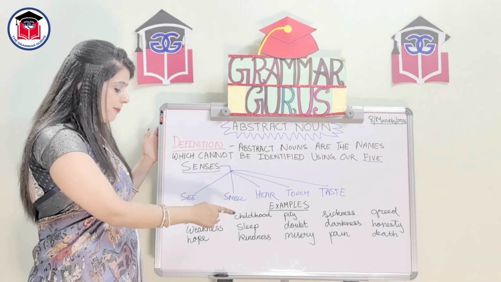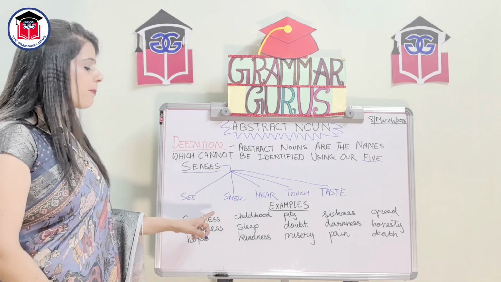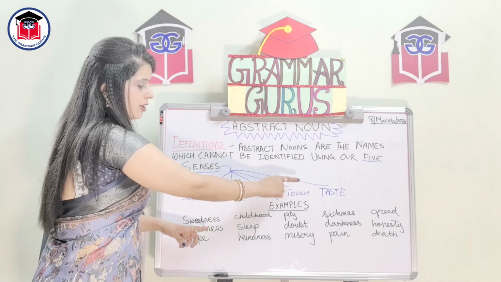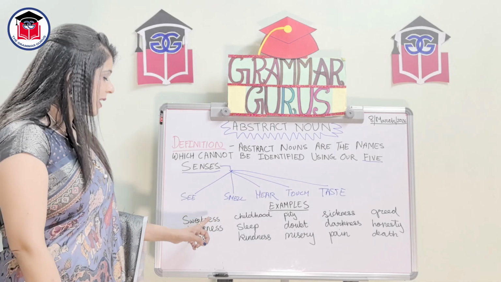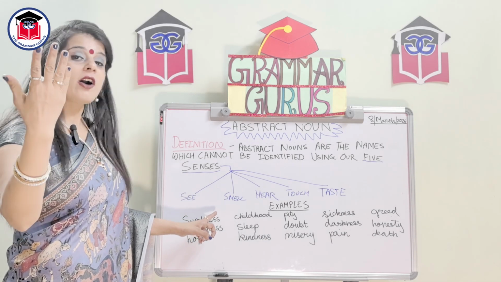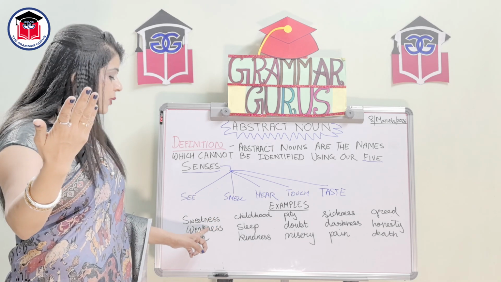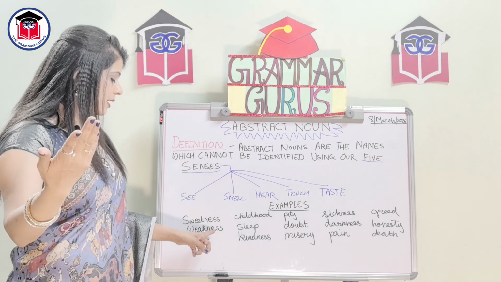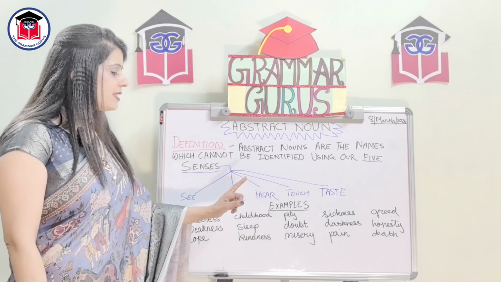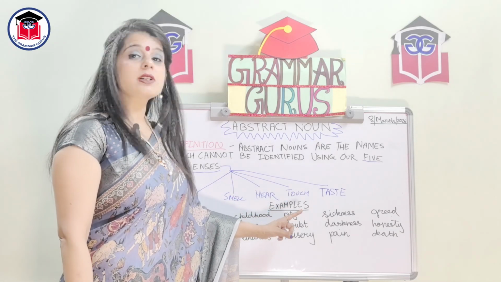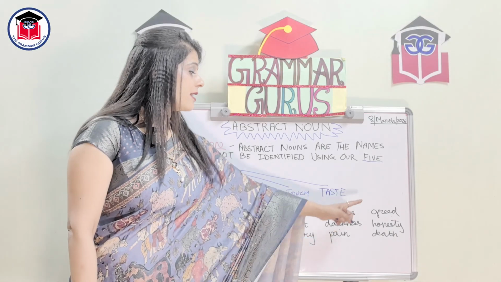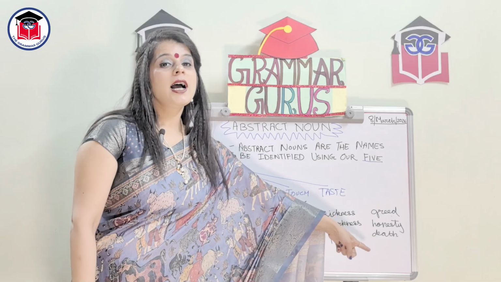Discussing a few examples of abstract nouns, for example, sweetness. Now, please apply the same rule to each of these words. Sweetness. We cannot see, smell, hear, touch, or taste sweetness. Weakness. Same goes for weakness. Hope, childhood, sleep, kindness, pity, doubt, misery, sickness, darkness, pain, greed, honesty, death.